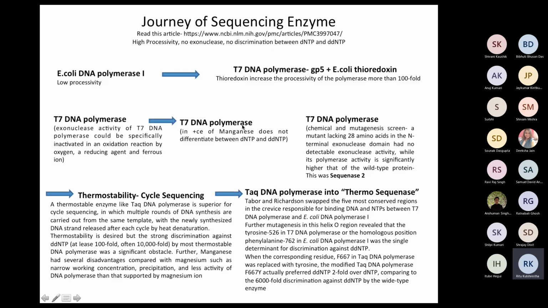But then, as molecular biologists do, they tried to improve over the previous versions. They found that in the reaction, when they replaced magnesium with manganese, the discrimination between dNTP and ddNTP was reduced further. So that was more improvement than the previous T7 DNA polymerase.